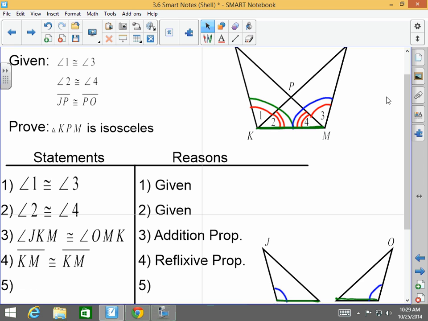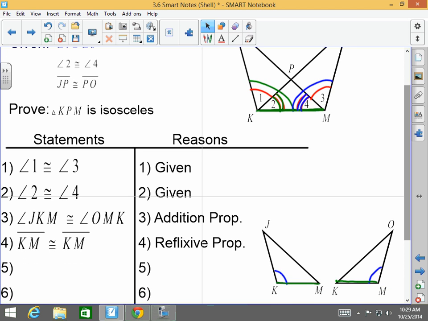Remember that we had stated that angle 4, which is this guy right here, was congruent to angle 2. Well, when we isolated these two triangles, angle 4 is this angle right here, angle JMK. And that is congruent to angle 2, which is this guy right here, angle OKM.